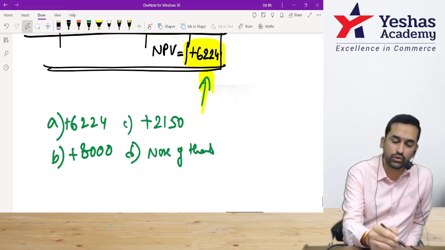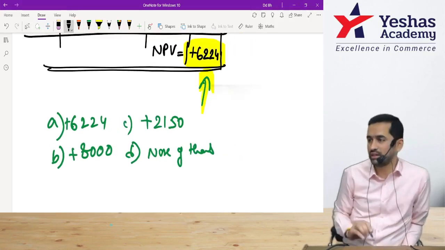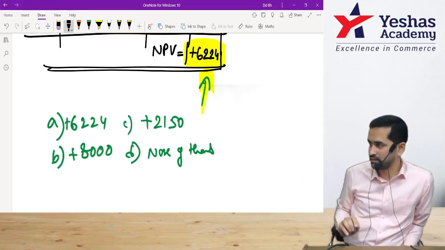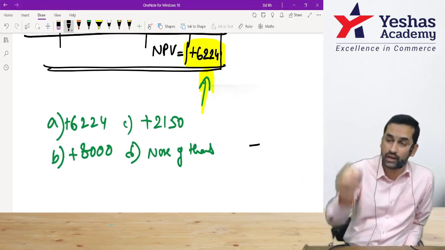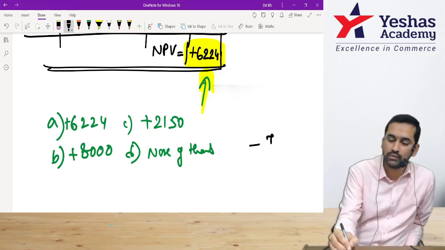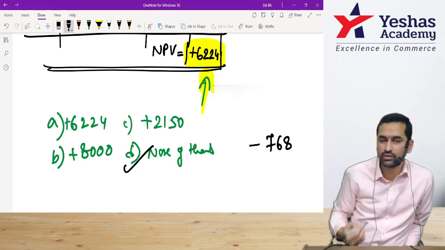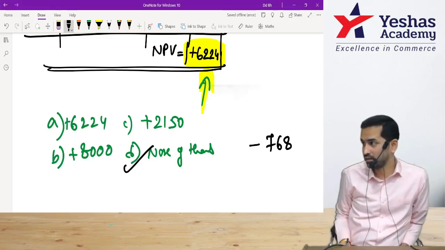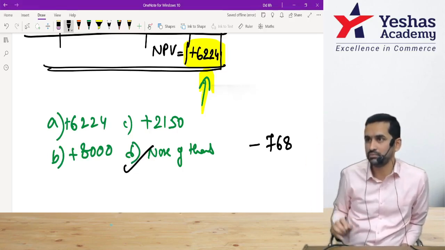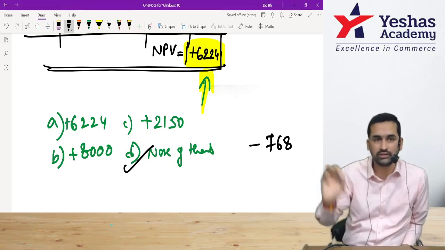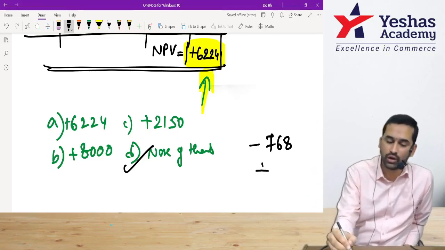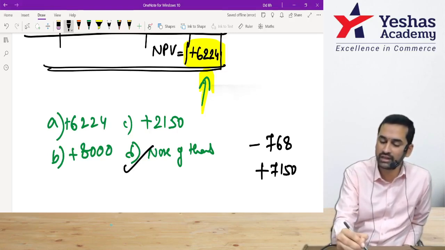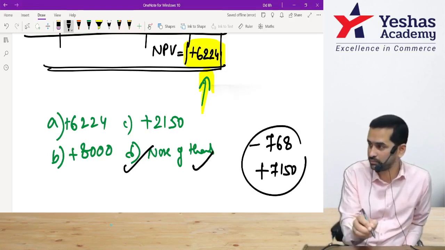Now those students who don't know the decision tree and make all mistakes, if someone gets the answer minus 768, he will also take none of the above. He doesn't know the decision tree. He did something, some half decision tree he remembered, he tried something. Another student got positive 7,150. Even he will take none of the above. Both are wrong, but both will get marks.